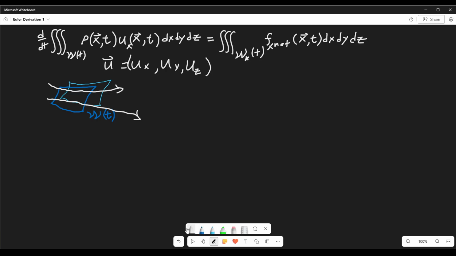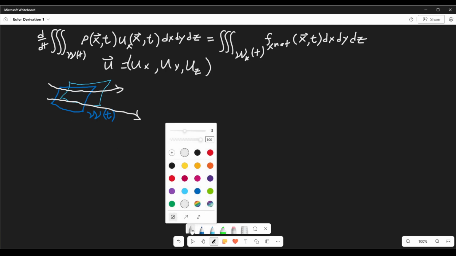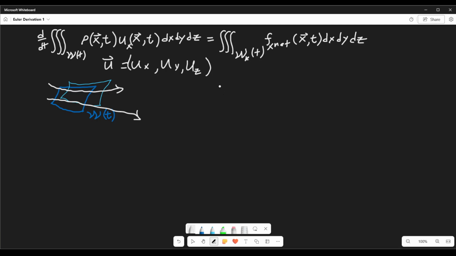So the way to deal with this is to use Leibniz rule. And Leibniz rule basically says, in general, I have a time derivative of a time-dependent volume integral that depends on t.